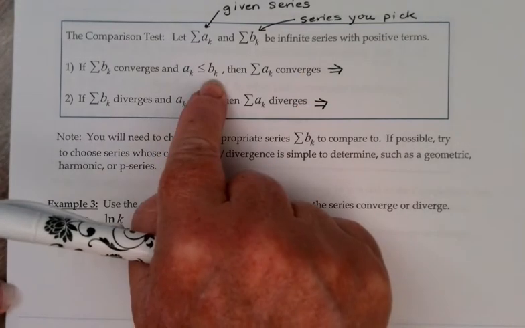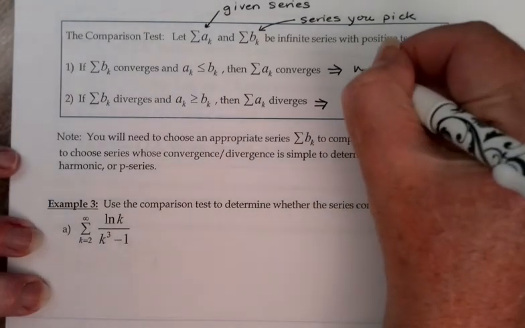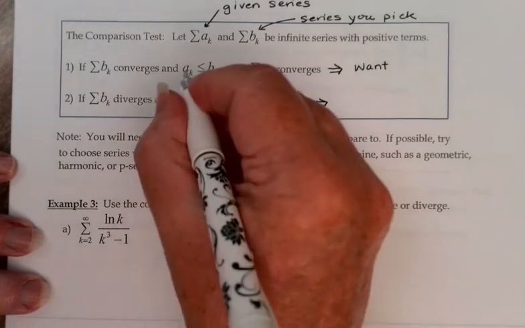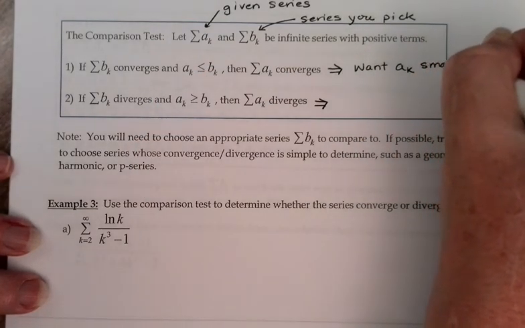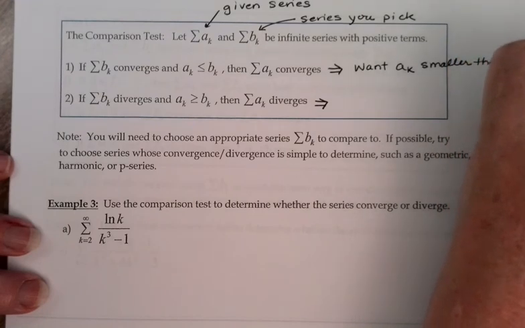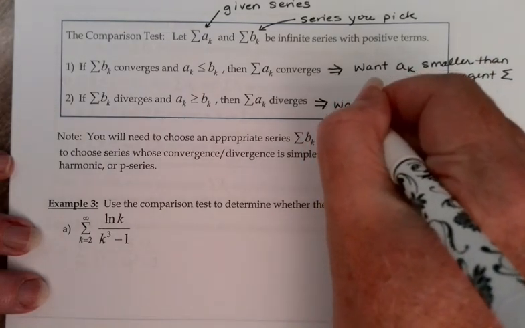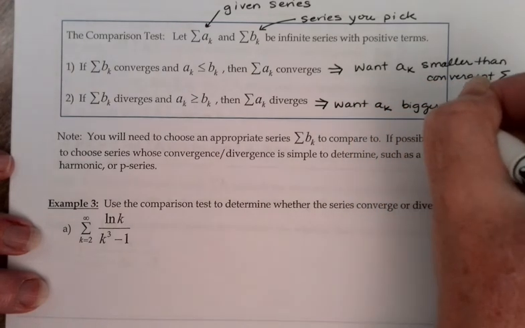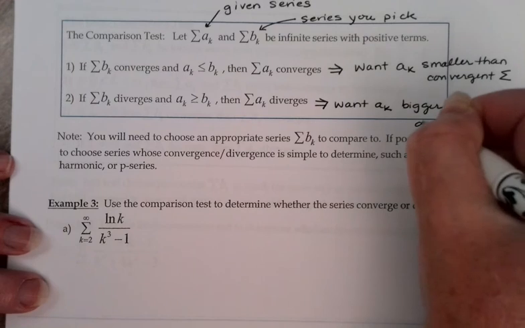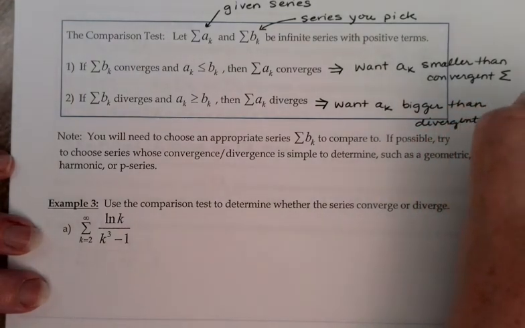Or let me say it the other way around. You want the a sub k's smaller than a convergent series. And in this case, you want the a sub k's bigger than a divergent series.